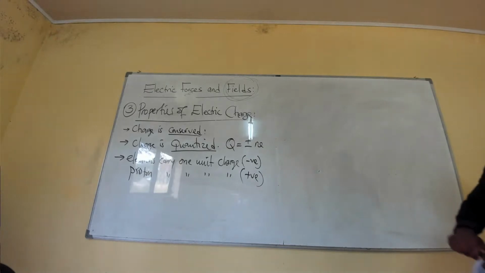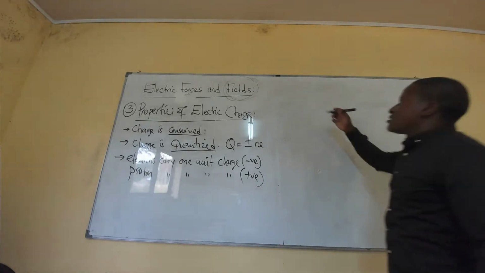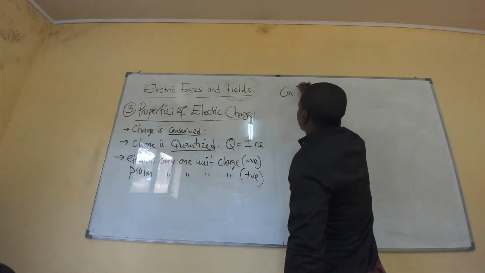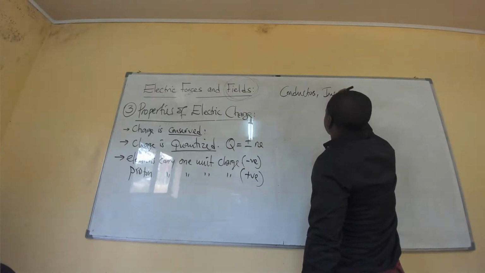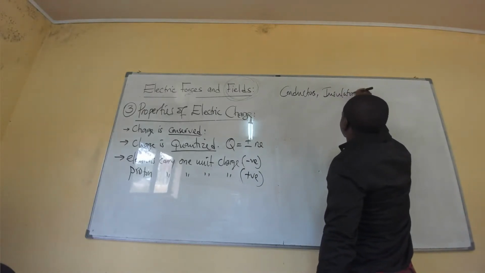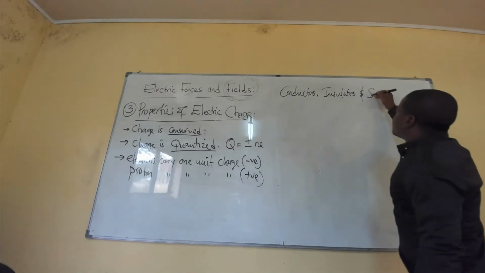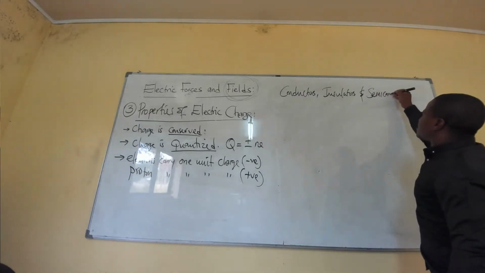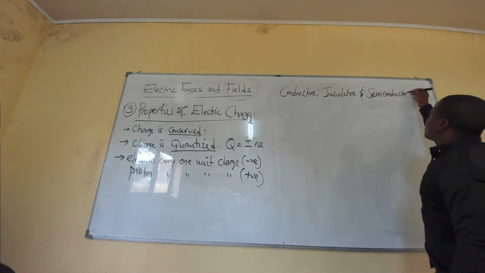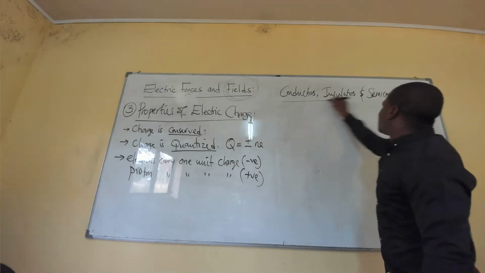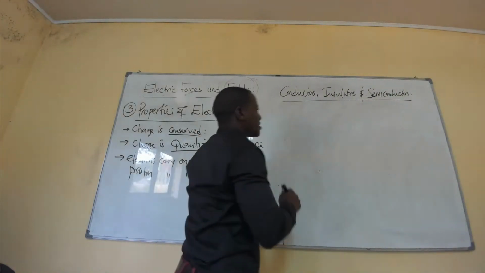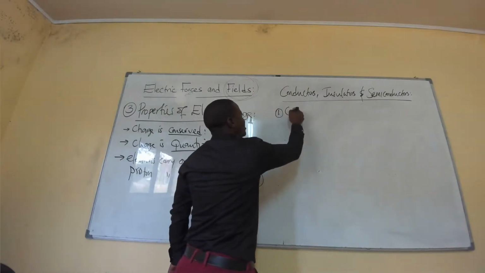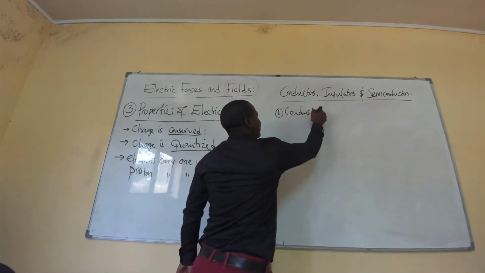So we have said we have the conductors, we have the insulators, and we have the semiconductors. So we shall state as brief as possible the first one, which is conductors.